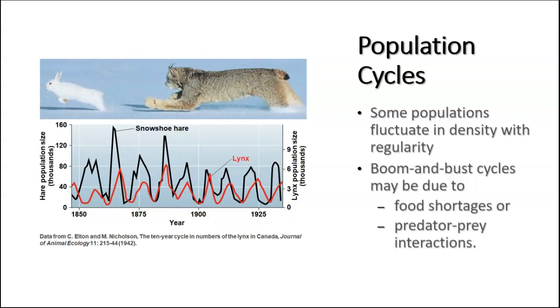Then once the hare population resurges here, you'll see a resurgence in the population of the lynxes, and these follow each other. So predator and prey interactions are very commonly seen in these boom and bust cycles. There could also be a boom and bust cycle related to other kinds of food shortages that didn't necessarily have to do with predator-prey interactions.